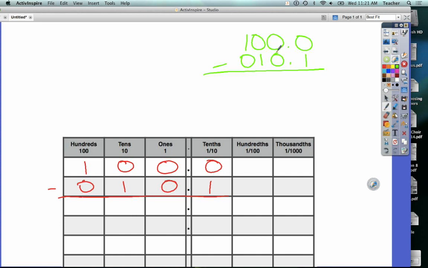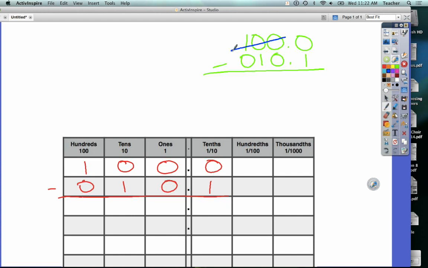Can you borrow from nothing? No. Look at the next neighbor. Can you borrow from that neighbor? Nope. So you have to borrow from the 1. In a situation like this, cross out the 100. I'm borrowing 1 from the 100. Because I can't borrow from 0, but I can borrow from 100, right?